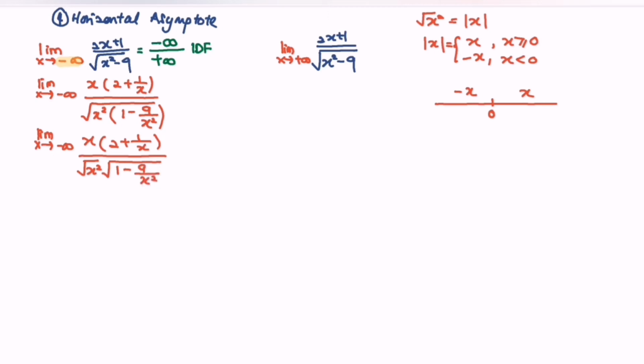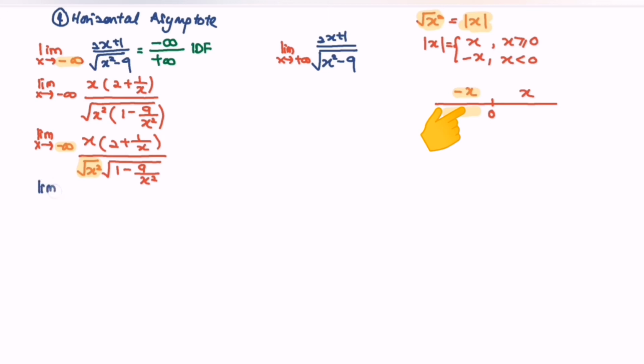So kindly refer to the definition. We have square root of x squared, which is equals to absolute value of x. Based on the definition, we have x and negative x. So for this case, we have a negative infinity, meaning that towards the left. Since x is approaching negative infinity, negative x is selected for this case.